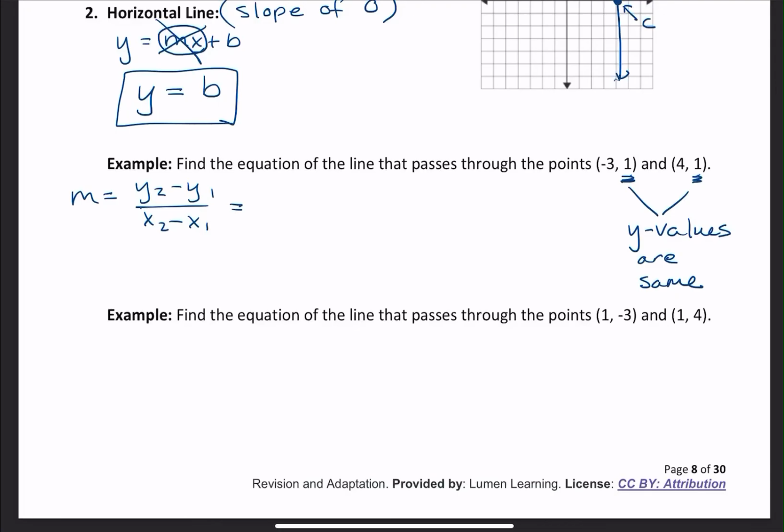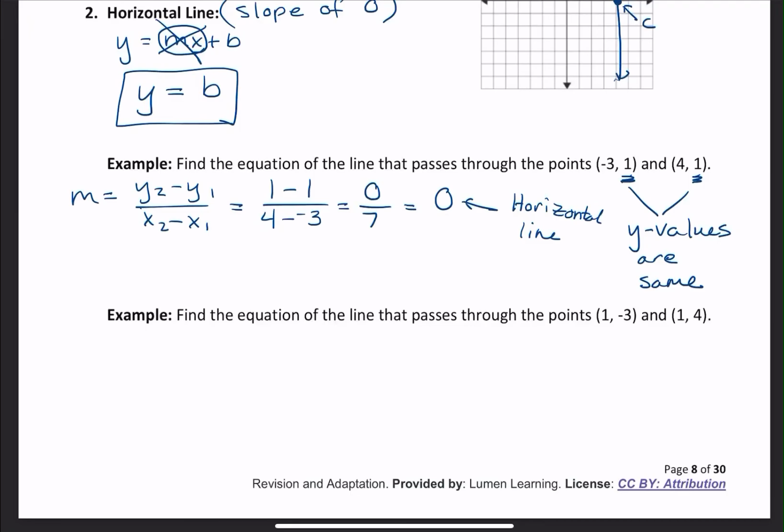Well, when you do your y2 minus y1, you're going to get 1 minus 1 over 4 minus a negative 3, which is going to give you 0 over 7, which is just equal to 0. So if you have a slope of 0, you should automatically know that that's a horizontal line. But if you don't know that, you can always go back and plug it into your slope-intercept form, and it'll work out to the same answer.